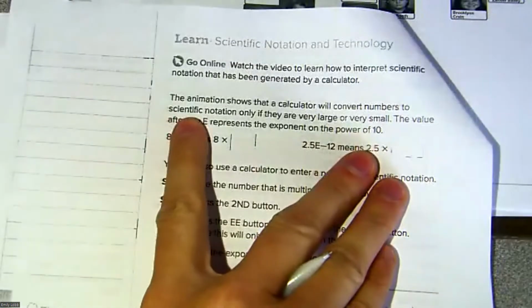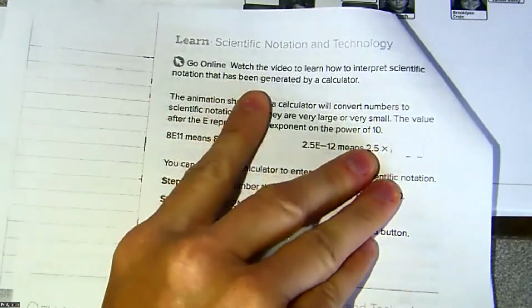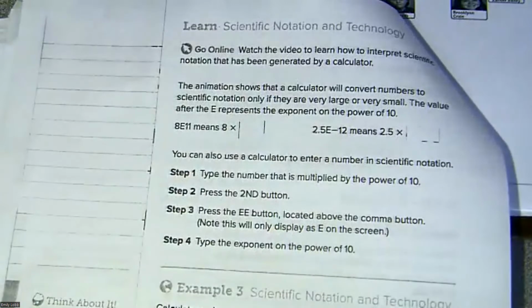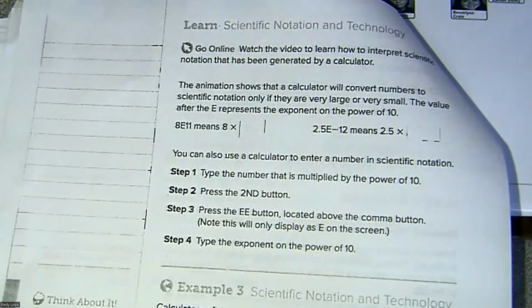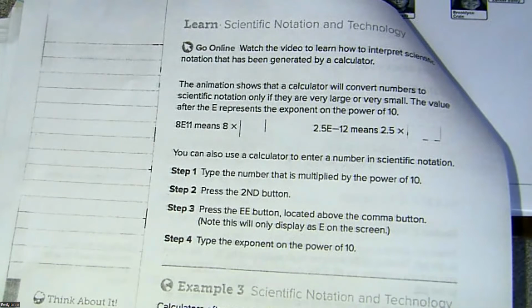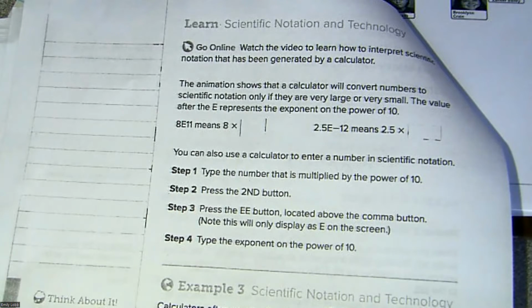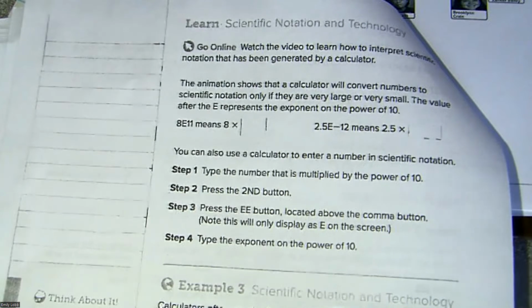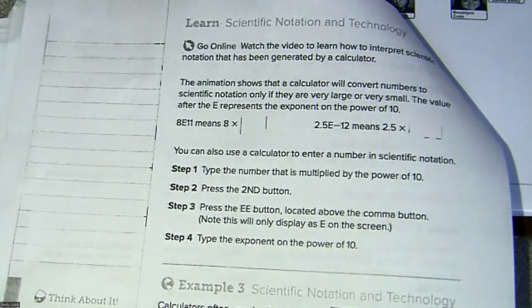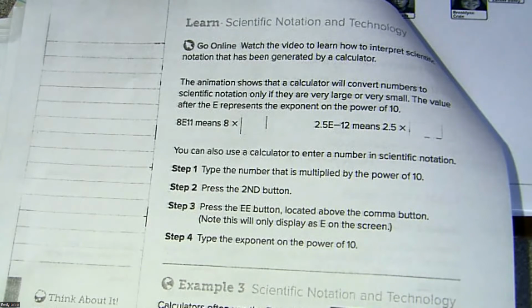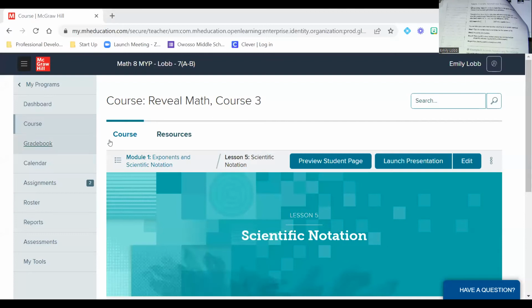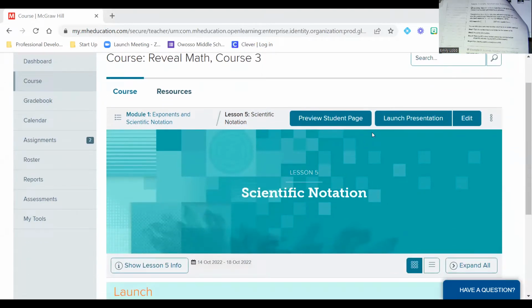It says we're going to watch a video to learn how to interpret scientific notation. So let me move this over here and make it a bit bigger. All right. So when I share this with you, let's launch that real quickly.